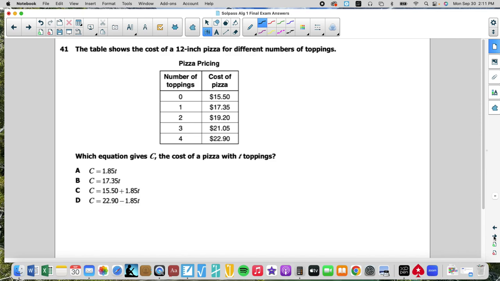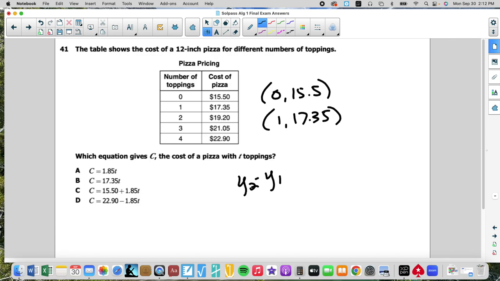The table shows the cost of a 12-inch pizza for different numbers of toppings. Okay, which equation gives C the cost of the pizza with T toppings? So we would again try to find, these are points, so I can find the slope of those by using 2 points, and we can do y sub 2 minus y sub 1 over x sub 2 minus x sub 1.